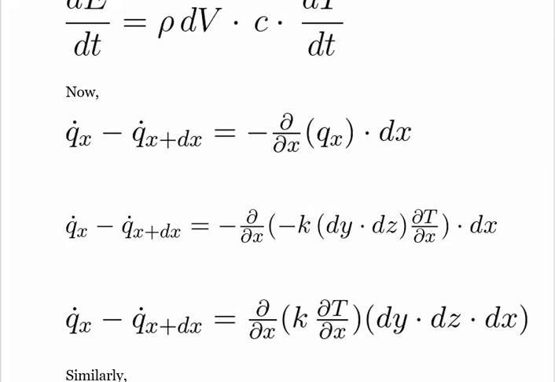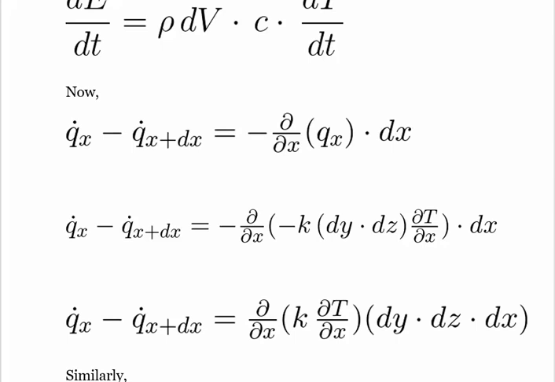the change of energy in the x plane, that is qx minus qx plus dx, which is equal to the negative of the partial derivative, ∂qx/∂x times dx. If we put the value of qx in the equation, we get minus ∂/∂x of minus k ∂T/∂x times dx.